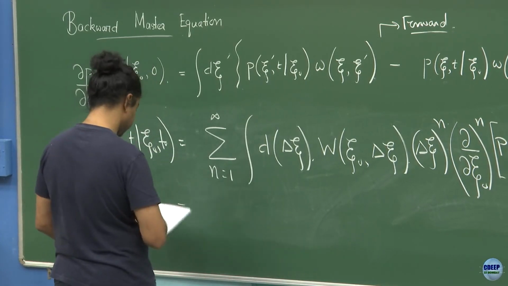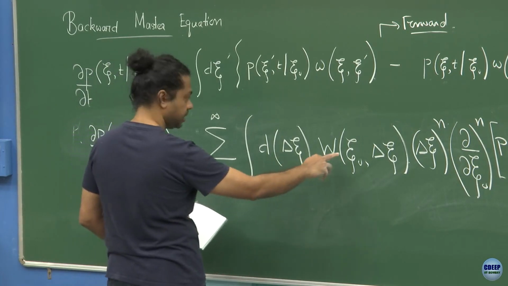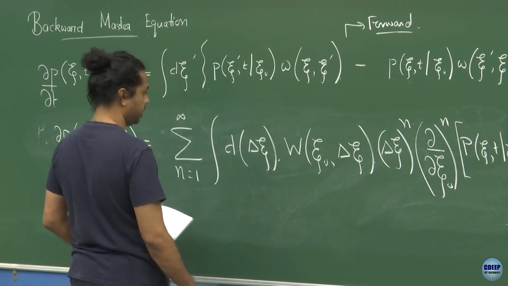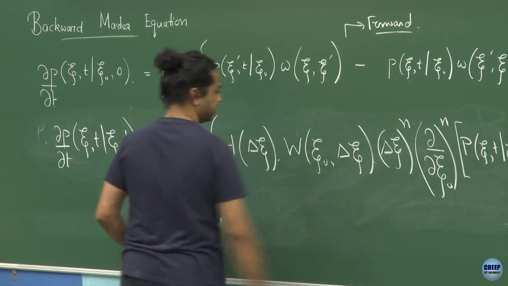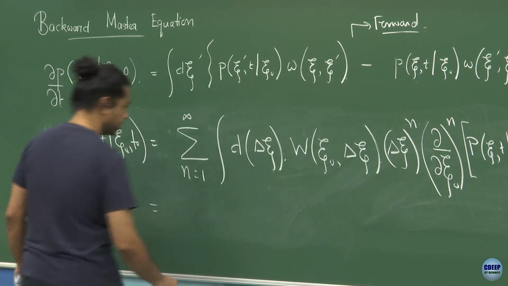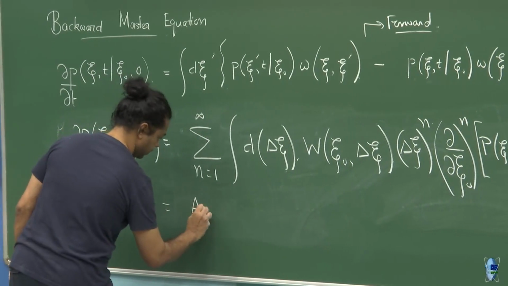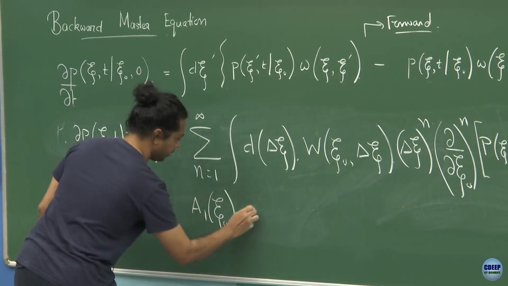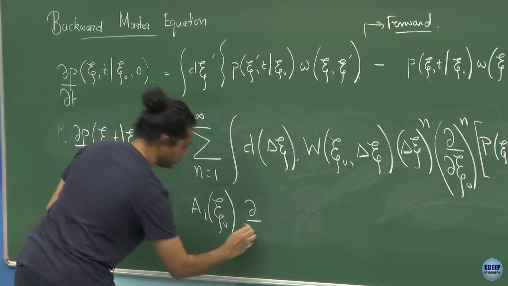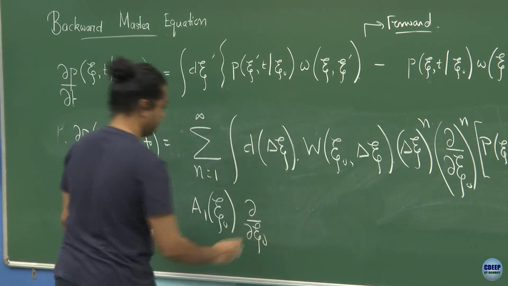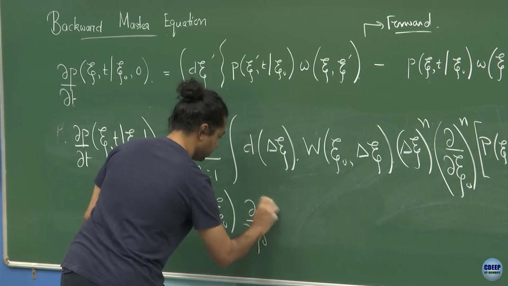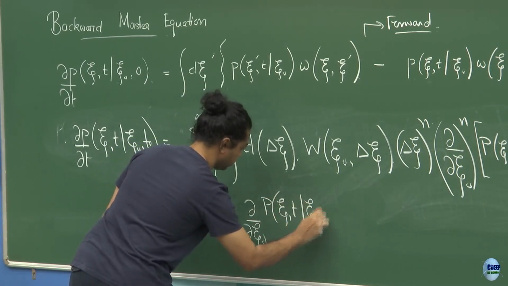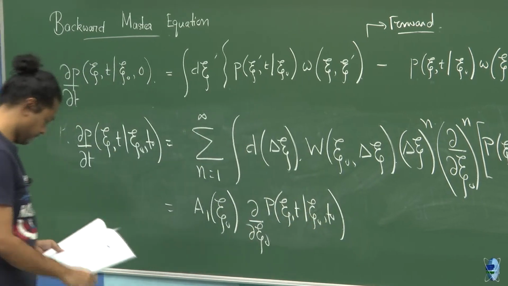So the first term is just this integral d delta ξ, w times delta ξ to the power of 1, then ∂ξ₀ of this. So let me call this A1 of ξ₀, then ∂ξ₀ of P(ξ, t | ξ₀, t₀).